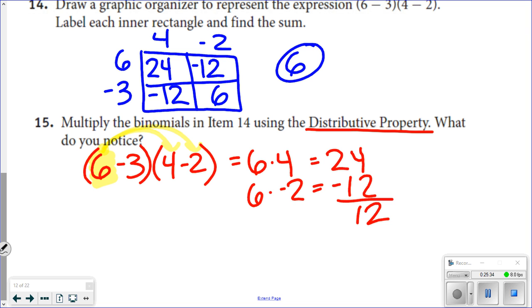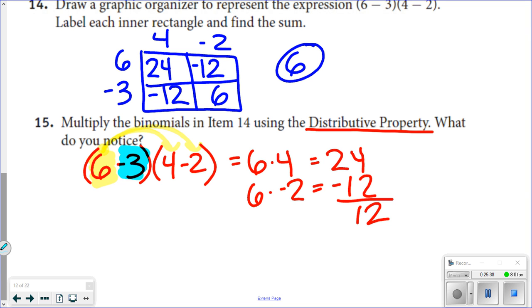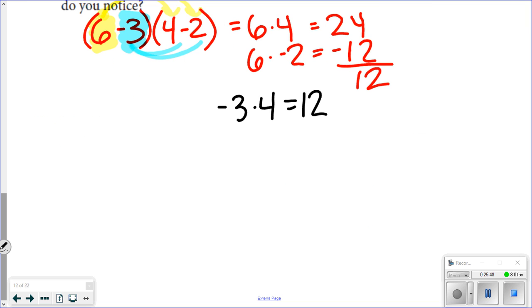Then what we'd also need to do is take this negative 3 and distribute it to the 4 and the 2. So negative 3 times 4 is negative 12. Negative 3 times negative 2 is 6.